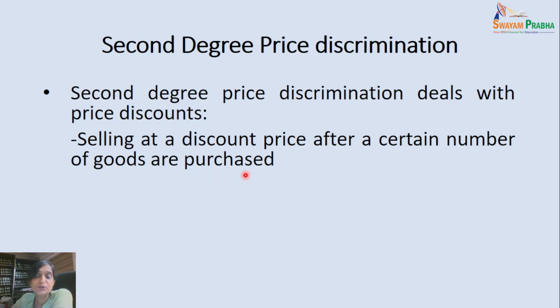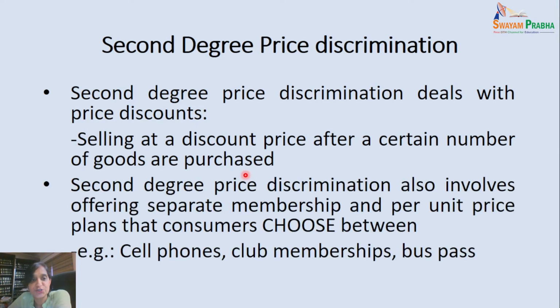If you purchase goods worth rupees 3,000, we will give you a discount of 10%. But if you buy goods below 3,000, there is no discount. This means how much quantity you are buying determines what price you will be charged, or for different blocks of goods, different prices are charged.